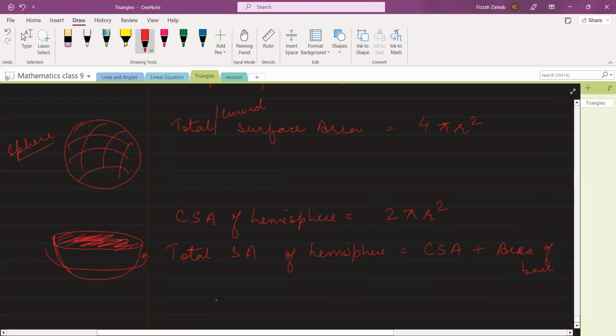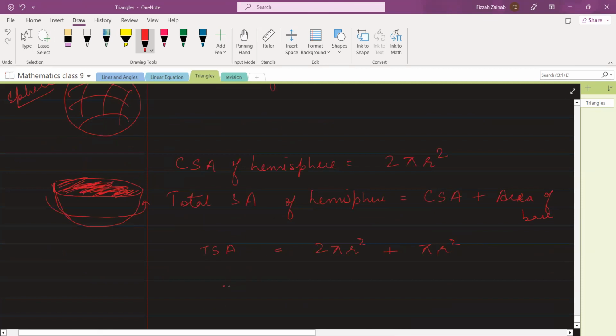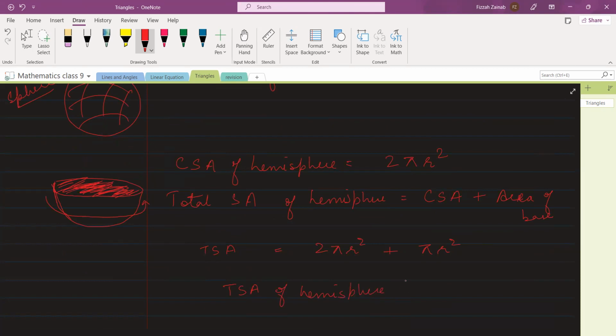So TSA becomes curved surface area, which is 2 pi r square, and area of base. Now this base is a circle, so this area is pi r square. So 2 pi r square plus pi r square, that becomes 3 pi r square. Understand? So total surface area of the hemisphere is 3 pi r square.